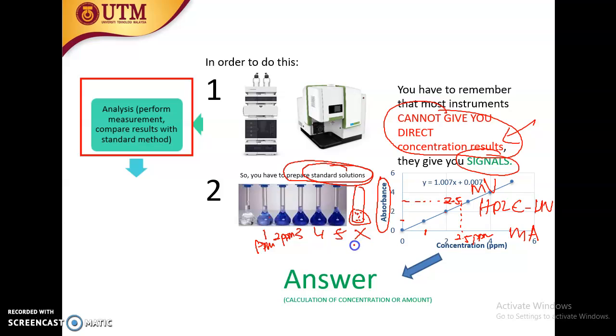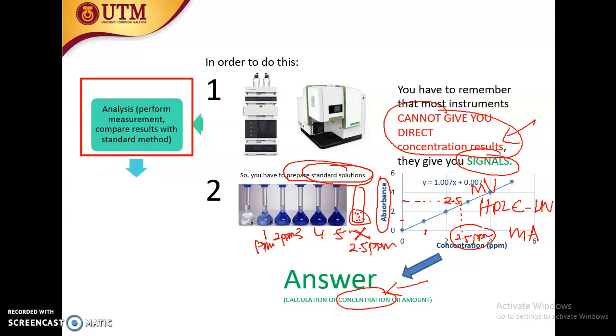So this X is 2.5 ppm. Okay, means that doing standard solutions, doing calibration curve are really important in any chemical analysis quantitatively. Okay, so the answer you will get 2.5 ppm. Now you know the concentration, based on the signal of standards and your sample. That's what we call the data for concentration.